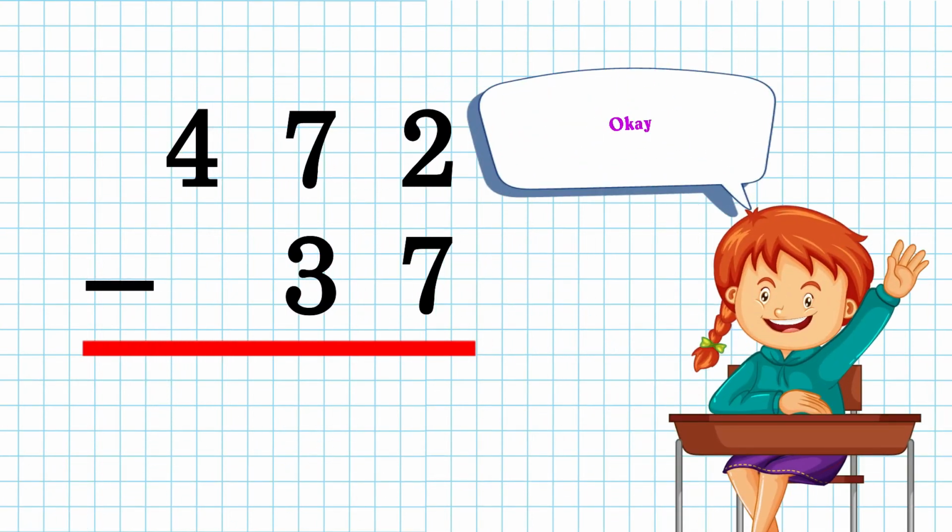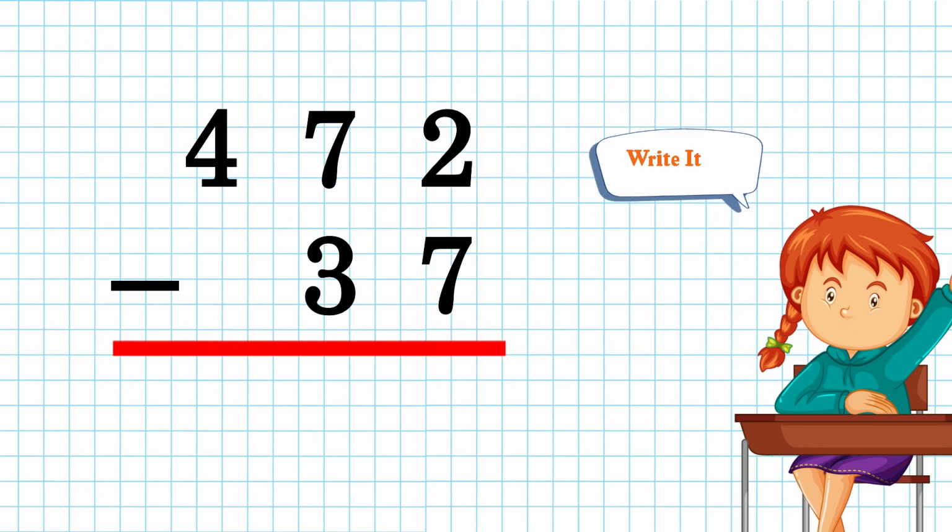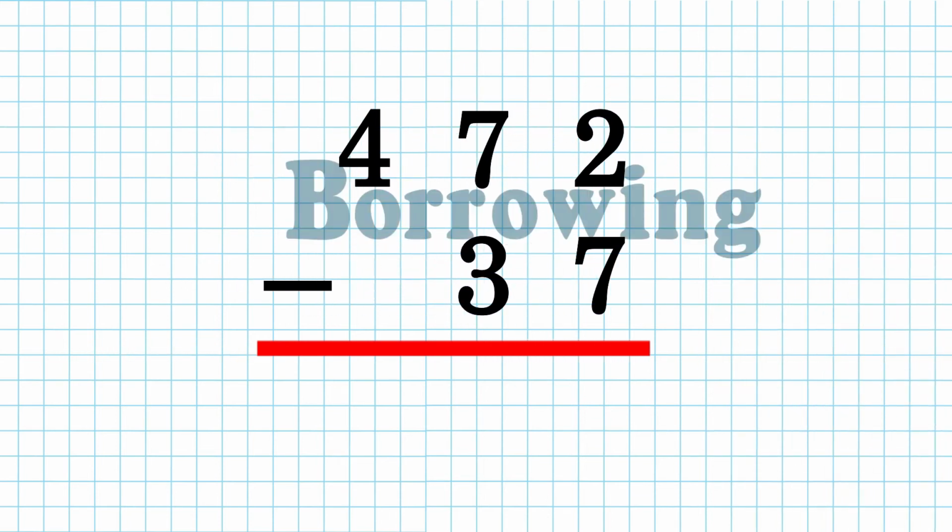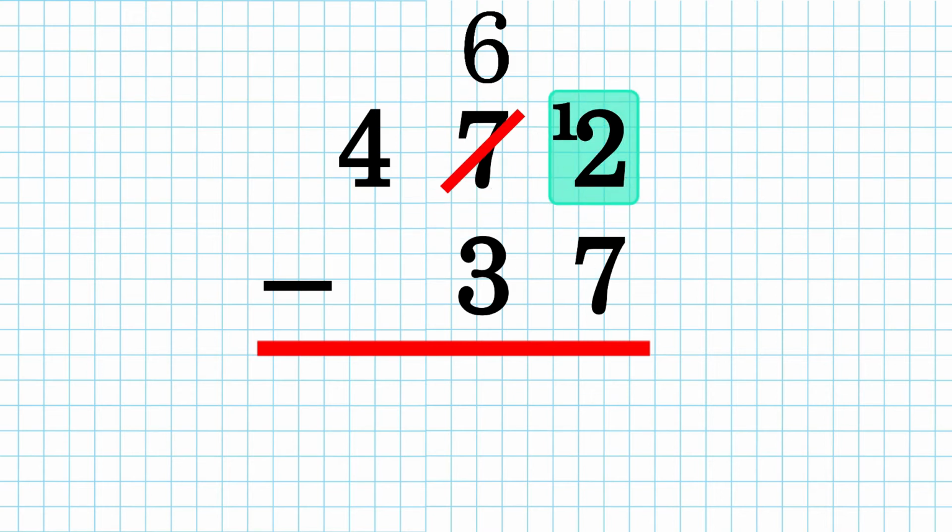Okay, but how do we write it? To show all this borrowing, we just cross the 7 and write a 6 over it and a teeny tiny 1 with the 2. So now we have a 12 instead of 2.